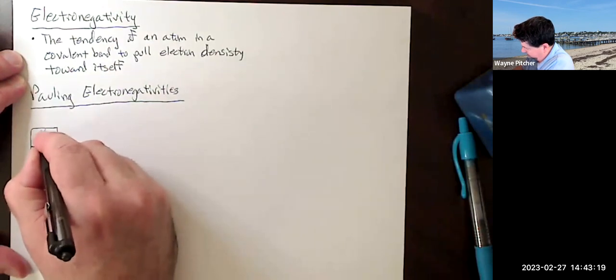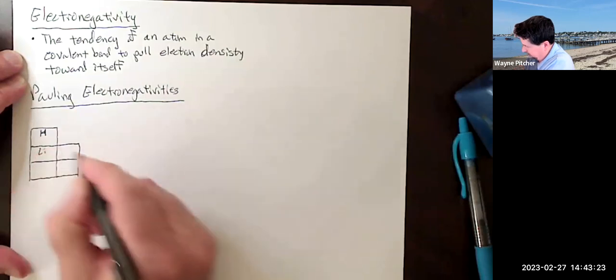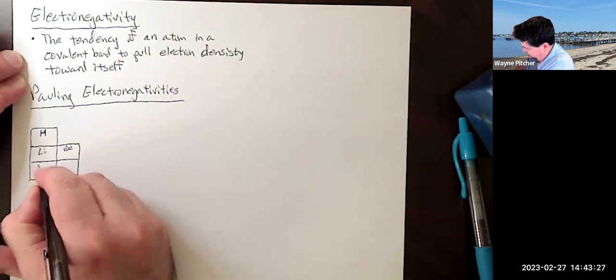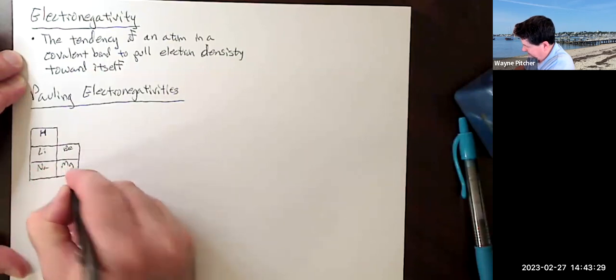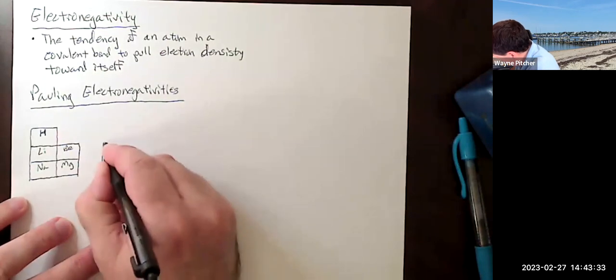So we've got H, hydrogen, lithium, beryllium, sodium, magnesium. And we'll skip over here.